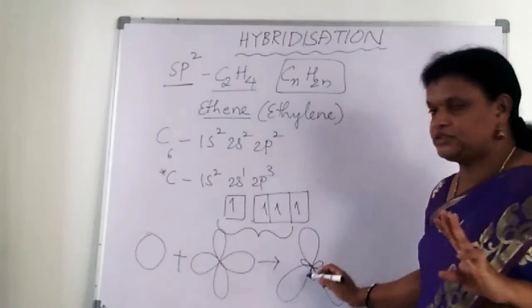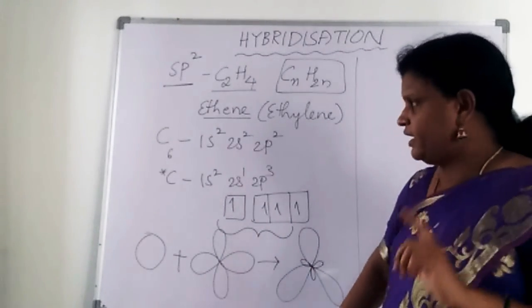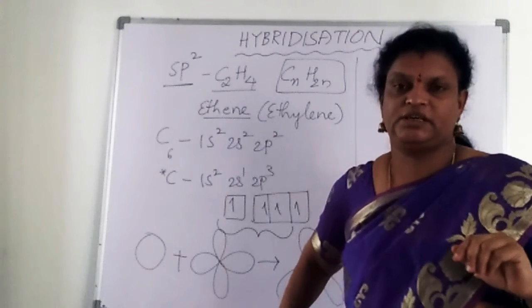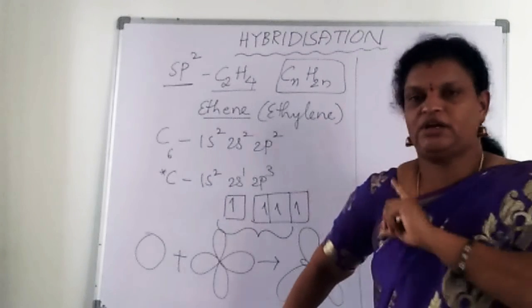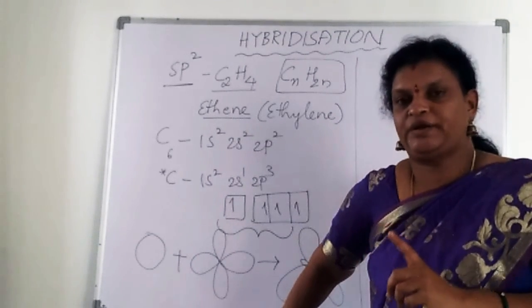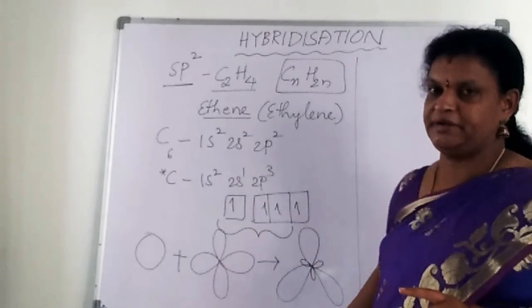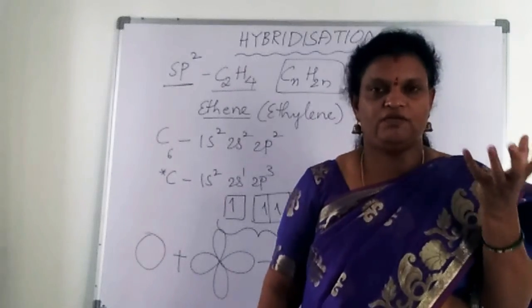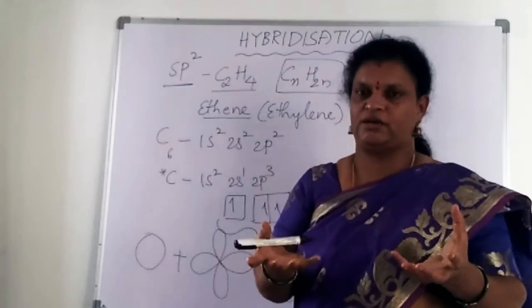Then what happens? Here actually we have 2 carbons in this C2H4, that is ethene or ethylene. So 2 carbons will undergo the hybridization, and altogether we are going to get 6 hybrid orbitals. In those 6 hybrid orbitals, what happens? The sp2 orbital of one carbon will overlap with the sp2 orbital of another carbon first.